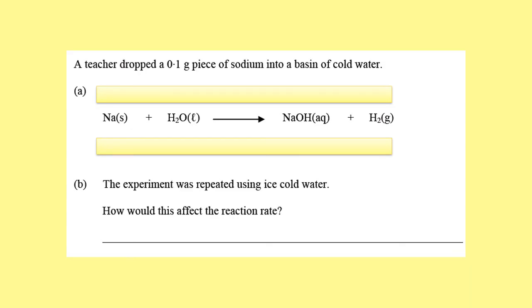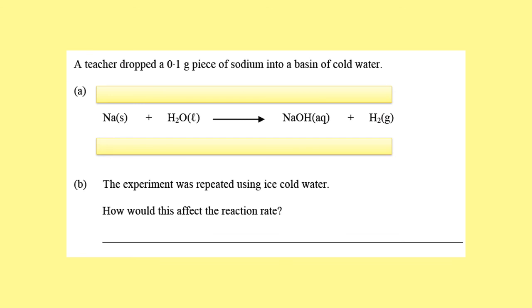Here's another question. So we're just going to do question B for this one, but we need to read the start of the question first. So a teacher dropped 0.1 grams of a piece of sodium into a basin of cold water. Now question B says, if the experiment was repeated using ice cold water this time, how would this affect the rate of reaction? So the first reaction was done in cold water.